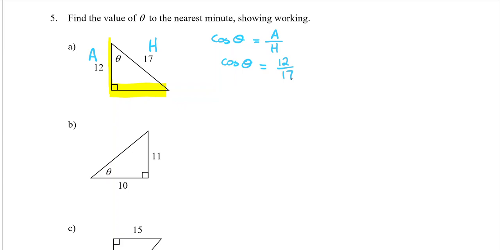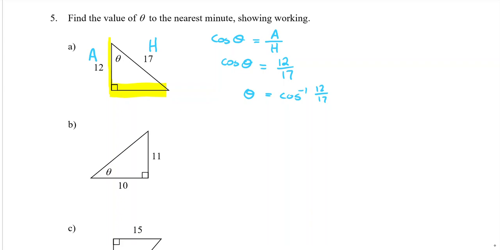Now we are at the point of what we were doing in our calculator before. If I want to get the theta by itself, I have to move the cos across to the other side, making an inverse cos of that 12 over 17. And we type that in our calculator. So inverse cos, type in your fraction 12 over 17.